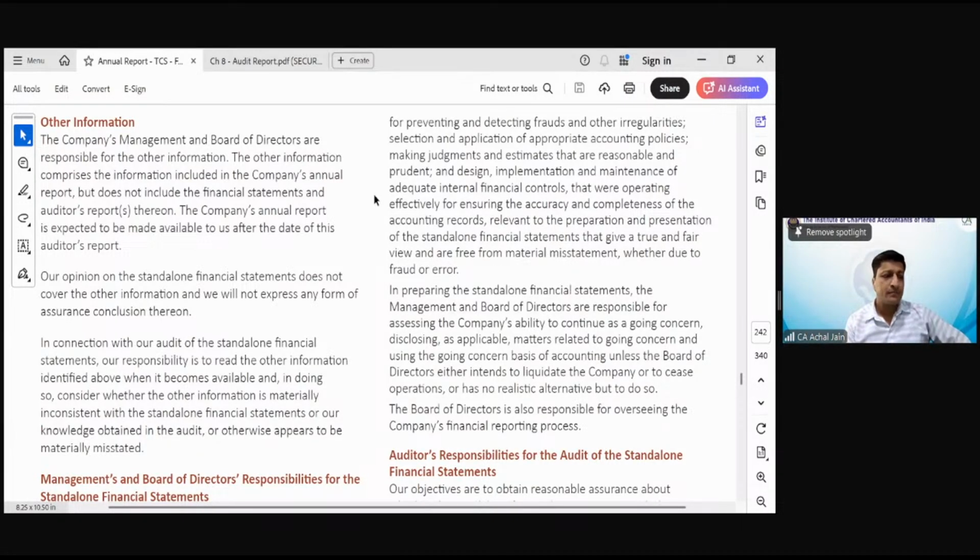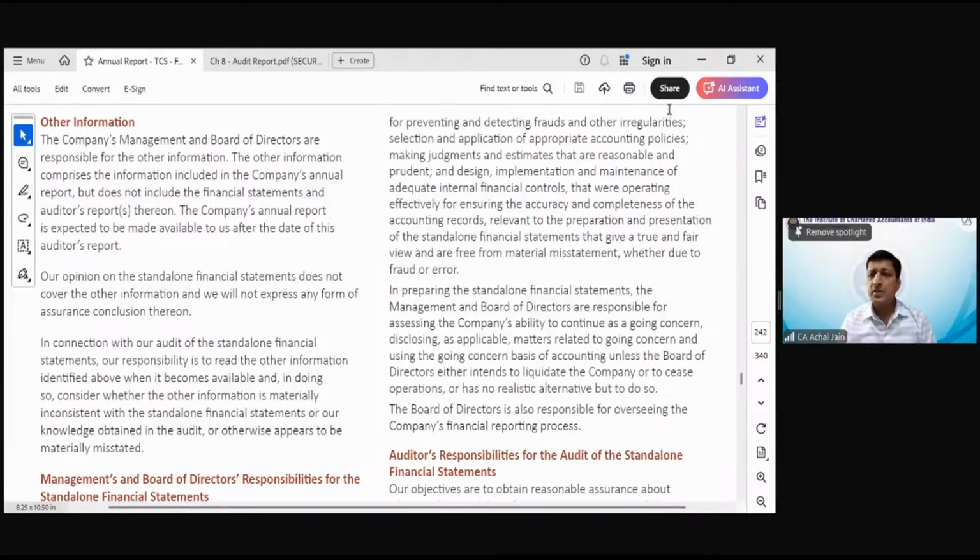Now, the next section talks about other information. Now, what do you mean by other information? See, the document which you currently see on the screen is called the annual report of the company. In the annual report of the company, you will find a lot of documents.